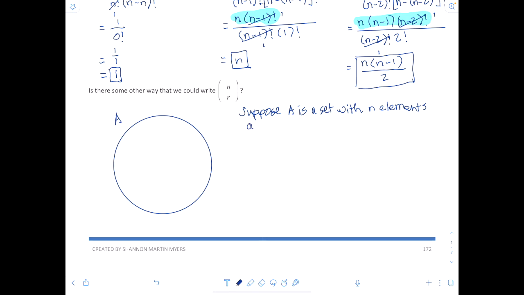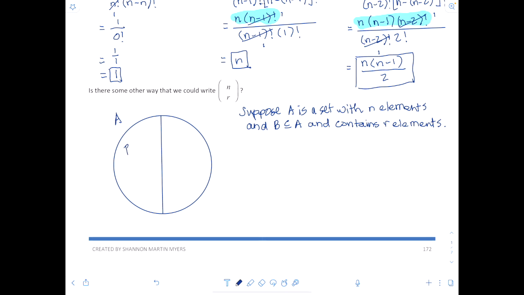And B is a subset of A and contains R elements. So recall that you've got B in here. Let's just put a line down the middle, or roughly the middle.